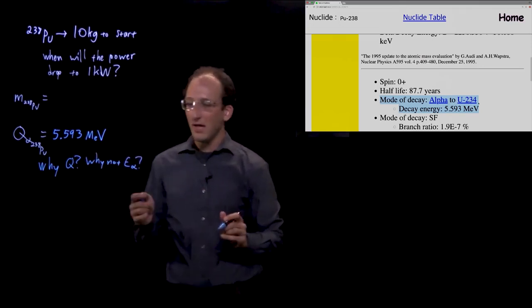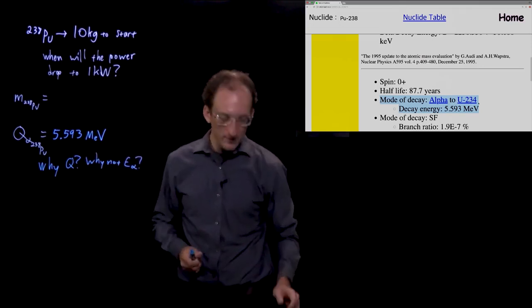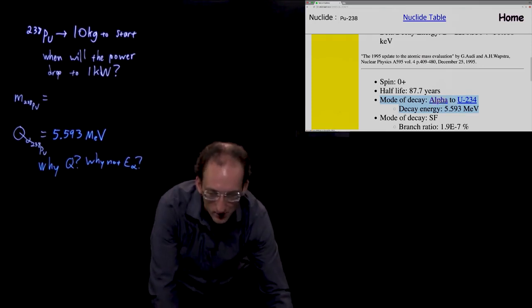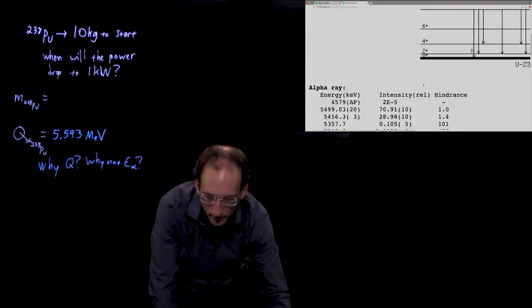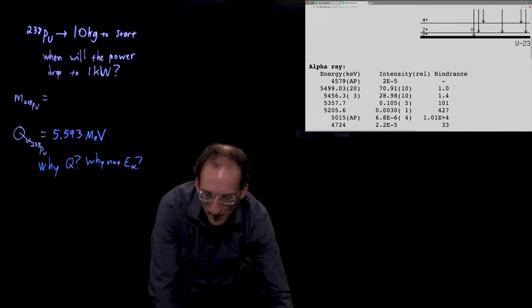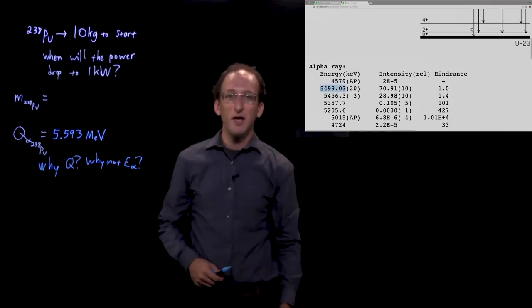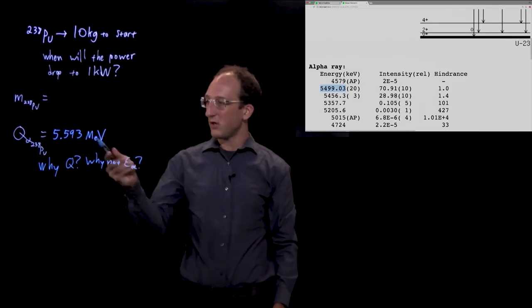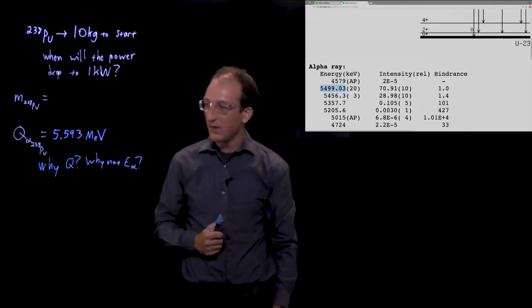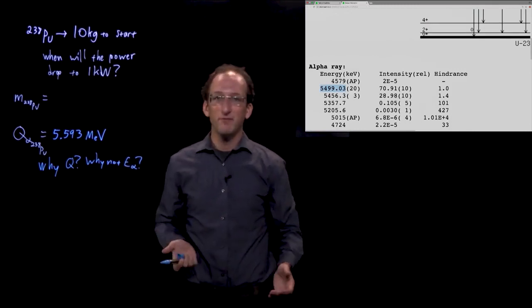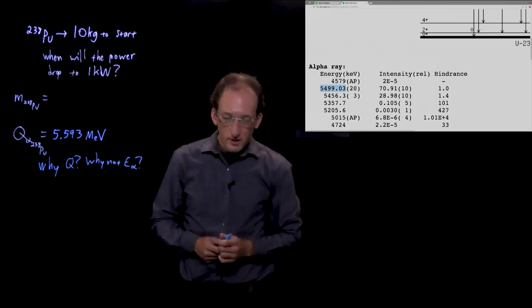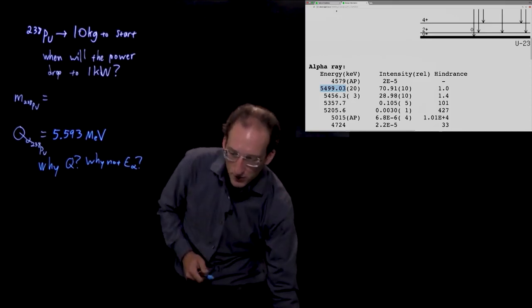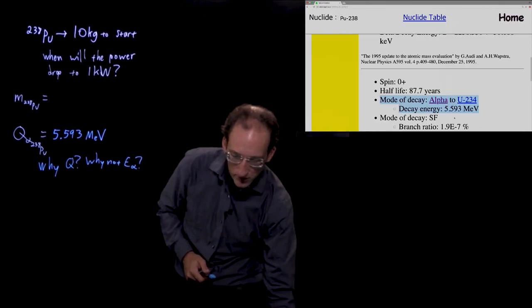So not only does the alpha carry off a fair bit of energy, in fact, we can use the table to look it up right now. If we go down to our alpha table, chances are we get about 5.499 MeV of energy, which is almost 5.593. And the rest of it, the remaining 50 to 100 keV, comes in the form of this uranium-234 nucleus, which it decays into.